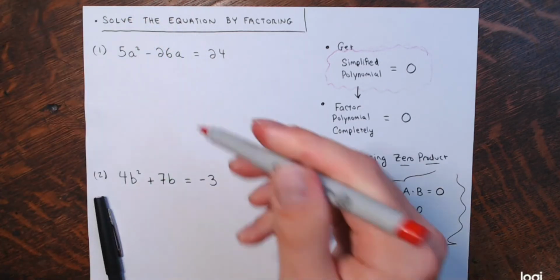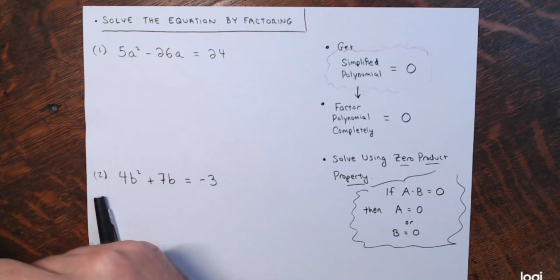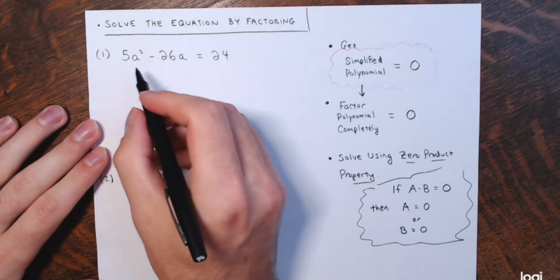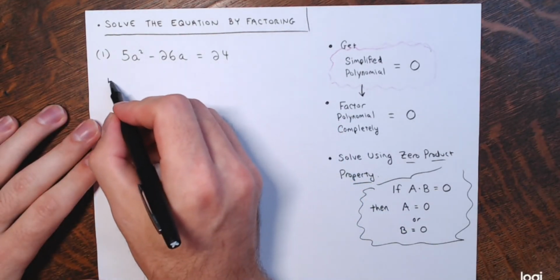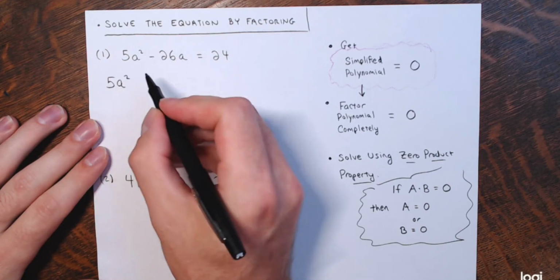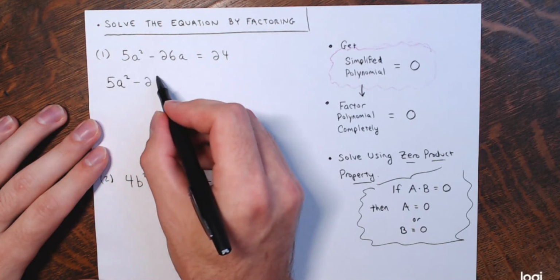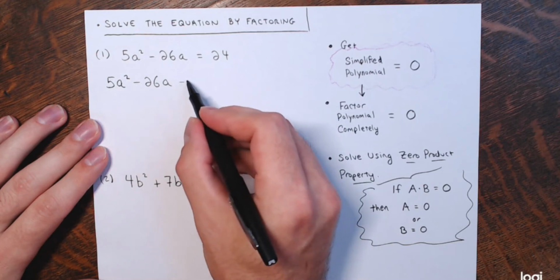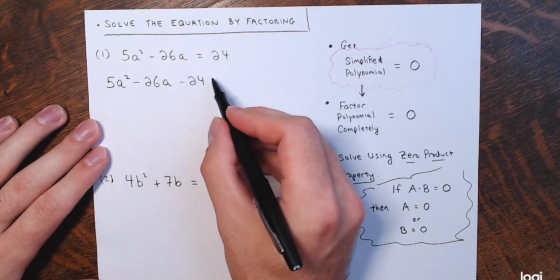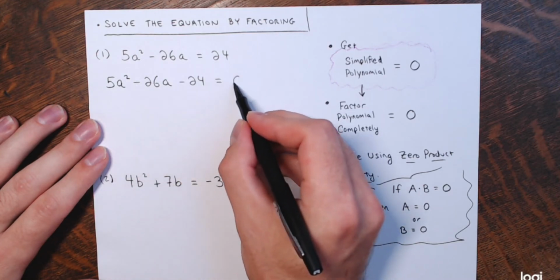So I'm going to need to subtract 24. I don't need a different marker for that. So I'll subtract 24, and it gives me 5a squared minus 26a minus 24 equals 0.